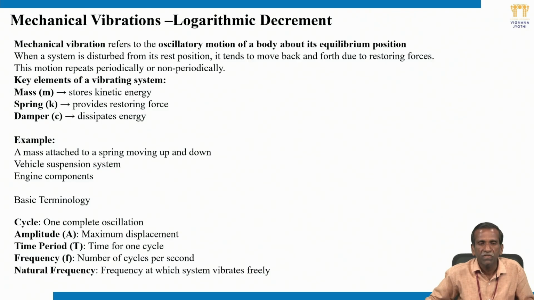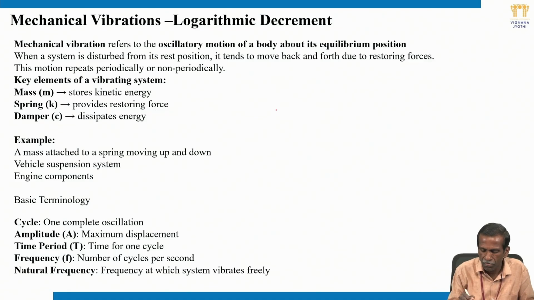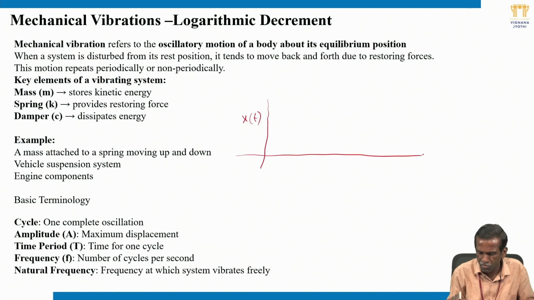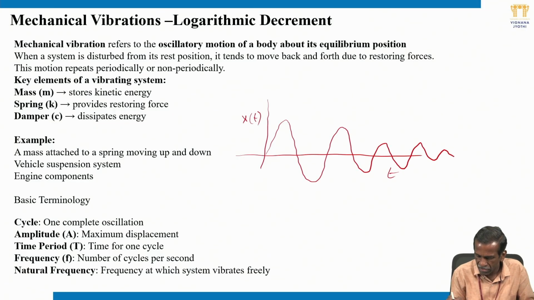So terminology also we have seen. Cycle, one complete oscillation is called a cycle. For example, suppose displacement is a function of time. If we see the plot of displacement versus time, suppose this variation for a particular type of vibration is like this, then the amplitude is this one.